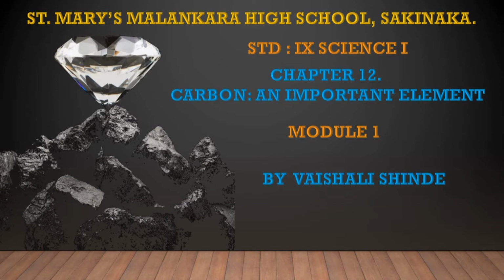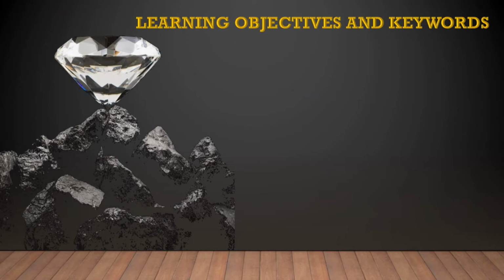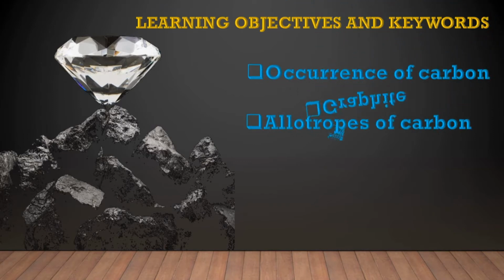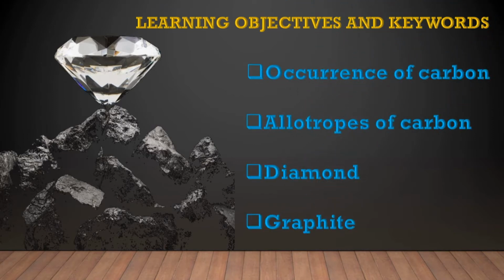Welcome students to the first module of chapter number 12, Carbon, an important element. In this module, we will learn all the basic information about this very important element carbon and its occurrence.